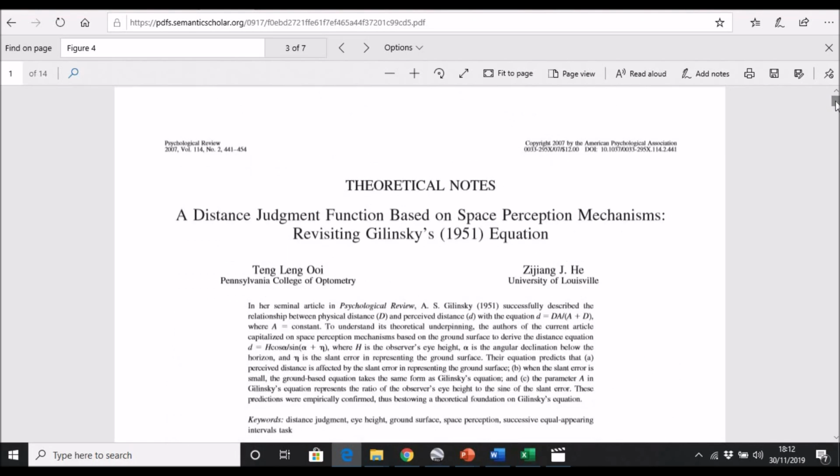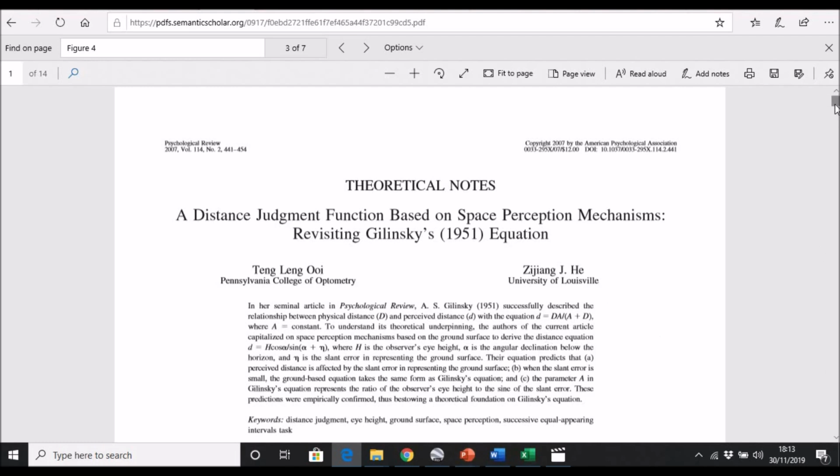So this paper is actually in a psychology journal and is investigating the ability of people to judge distance on a flat surface, on a surface that's sloping up, going away from them, and a surface that's going down, sloping away from them.